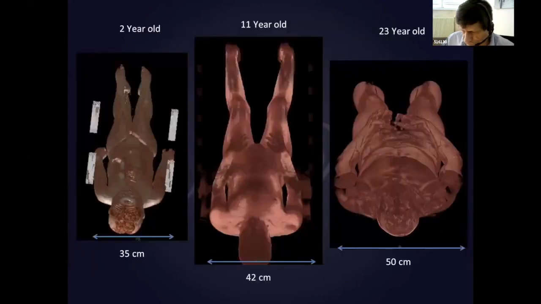The radiologist has to adapt the protocol to the size of the patient. You have some examples: a 2-year-old, an 11-year-old, a 23-year-old. What is important is the placement of the upper limbs in the field of view in order to detect all changes in the upper limb.